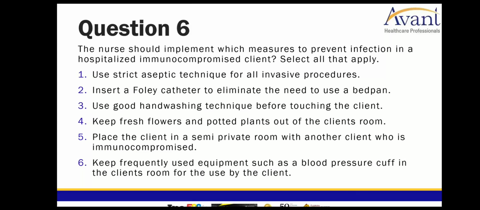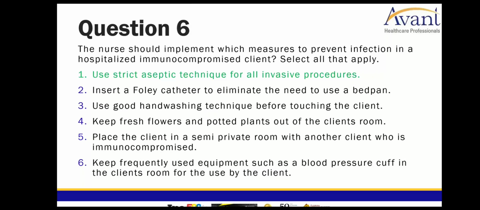So number one, use strict aseptic technique for all procedures. Do we want to protect the patient from getting infection from procedures that may be performed? Yes, absolutely. Number two, do we want to insert a Foley catheter to eliminate the need for a bedpan?